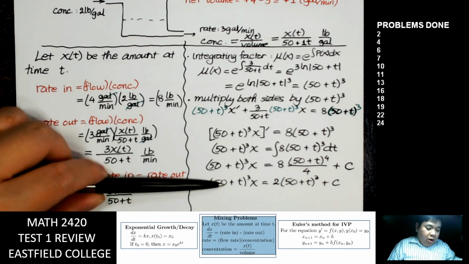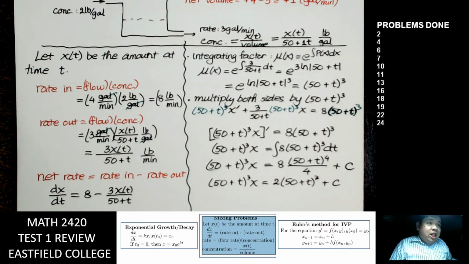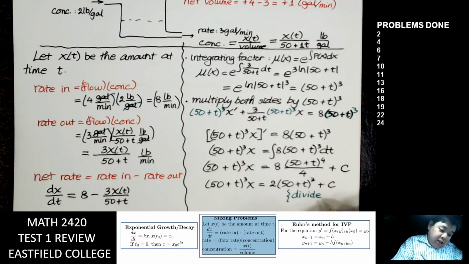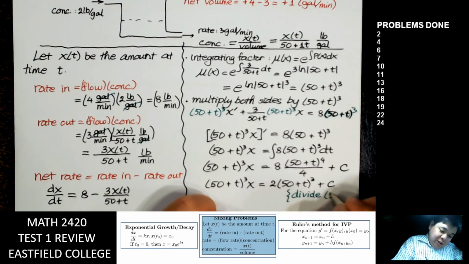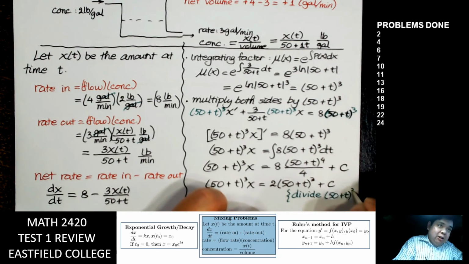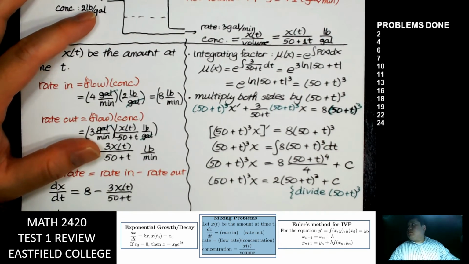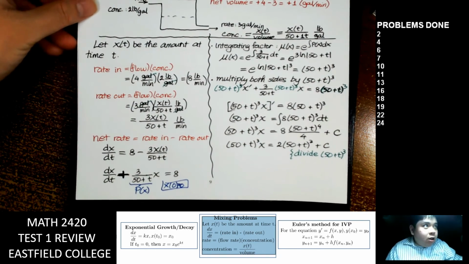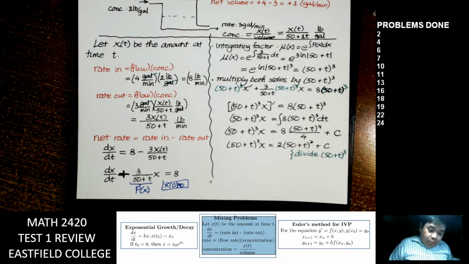If we divide by (50 plus t) cubed on both sides, we're going to run out of space here. Hope you still can see it well enough.